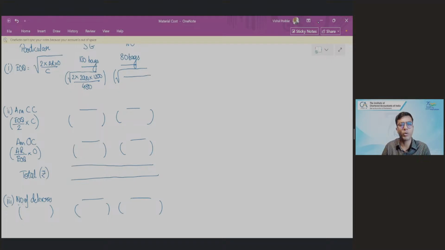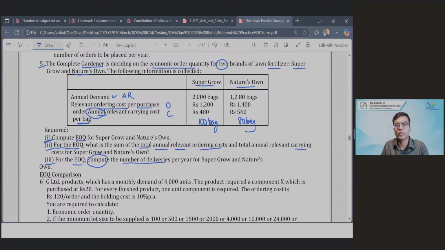So EOQ is 100 upon 2 into my carrying cost, which was 480. Correct? So I am getting this as rupees 24,000. Similarly, here it is 80 upon 2 into my carrying cost. What is the carrying cost for the second material? 560, 1400, 560.